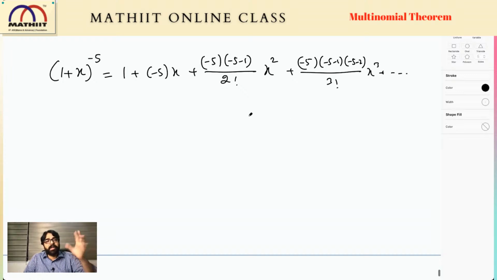Where will it stop? It will never stop. So does this have x power 100 also? Yes, it has x power 100 also. But negative powers of x cannot come. You can see the power will increase like this.